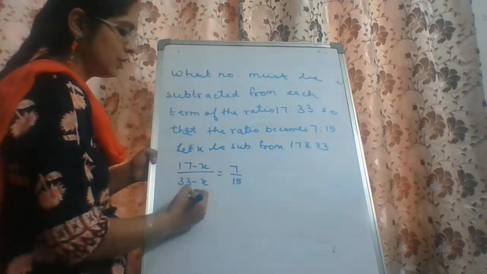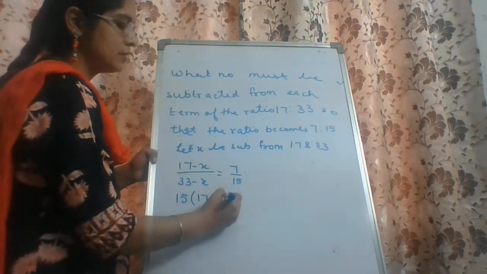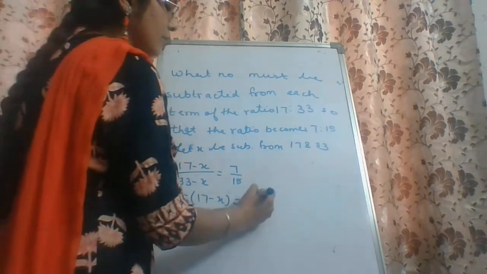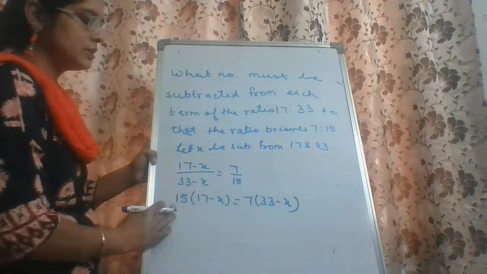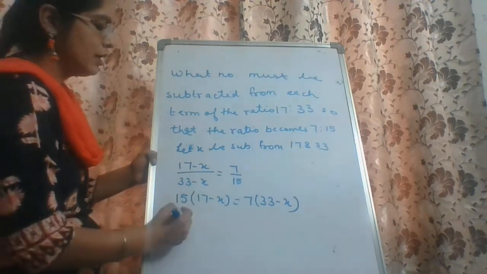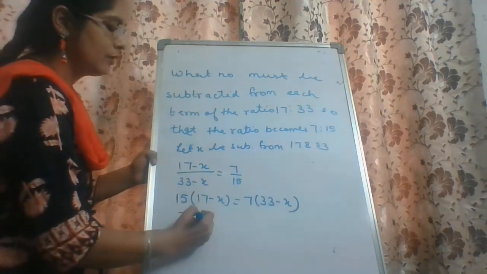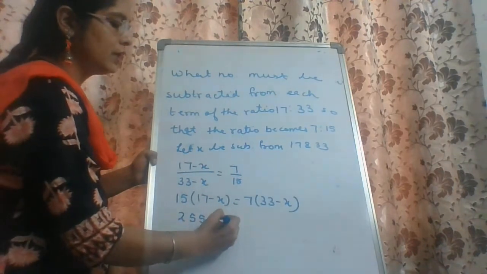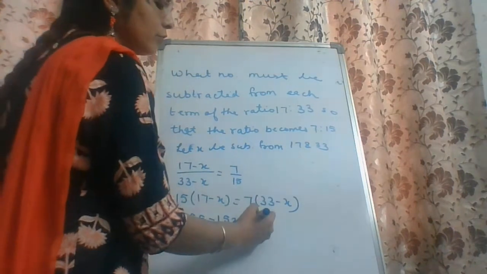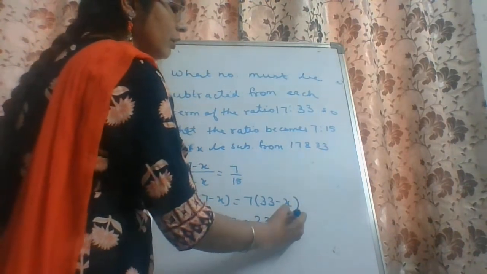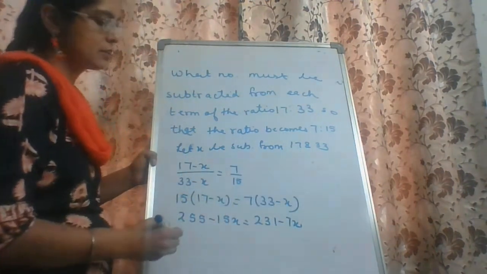I get 15 into 17 minus x is equal to 7 into 33 minus x. 17 multiplied to 15 is 255 minus 15x equal to 7 multiplied to 33, 231 minus 7x.